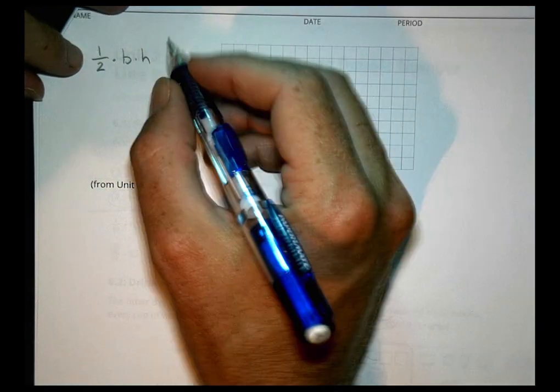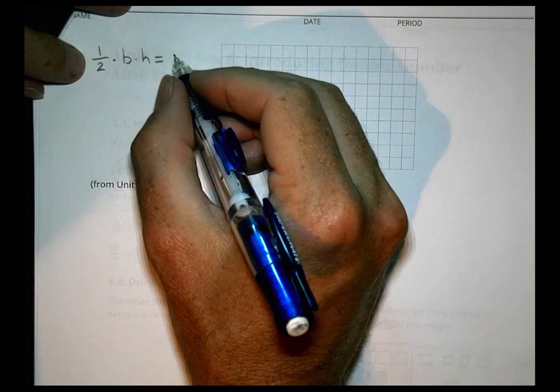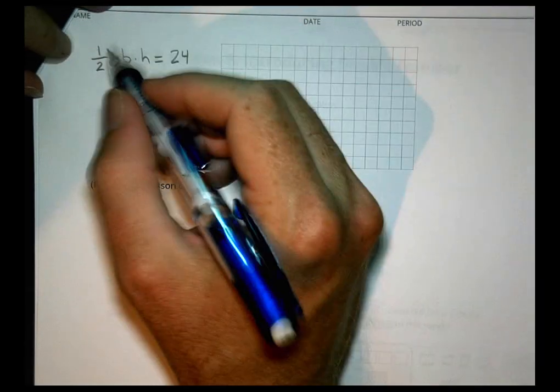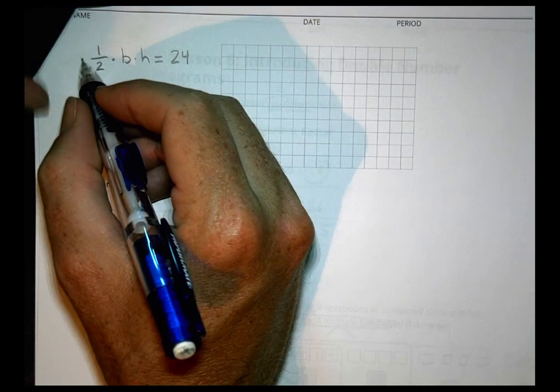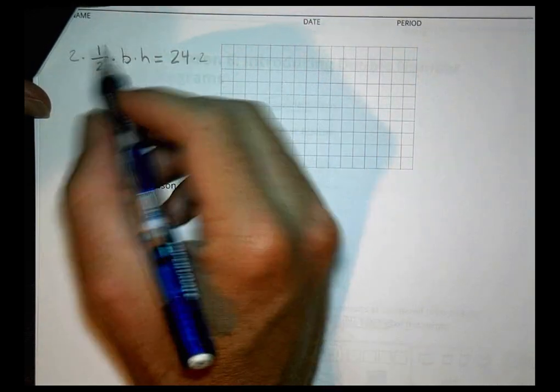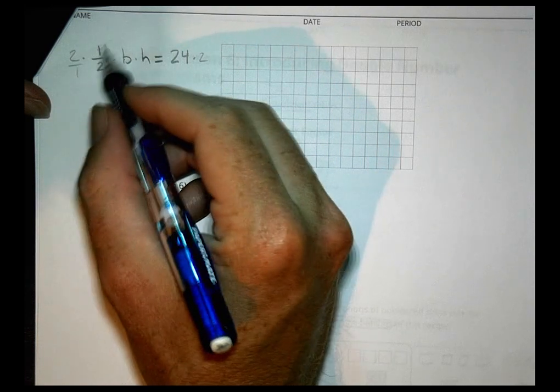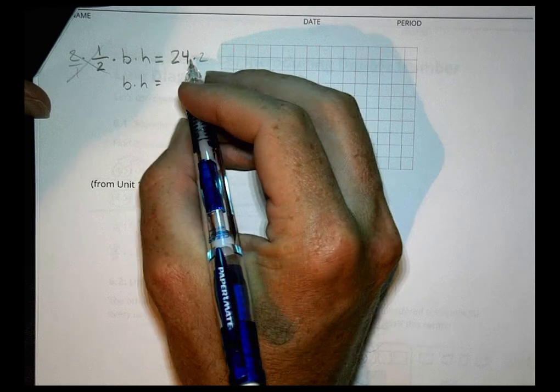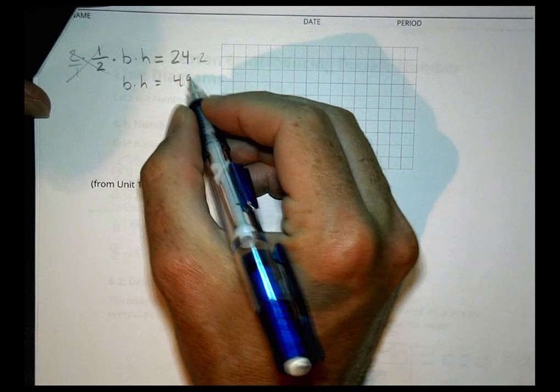So half of that becomes the area of a triangle. So a rectangle is there, we cut it in half, we have our triangle. We want to equal 24. That's our goal. So to get rid of this half, I can multiply both sides by 2. So 2 over 1 times a half becomes 1. So base times height is going to equal 24 times 2 is 48.